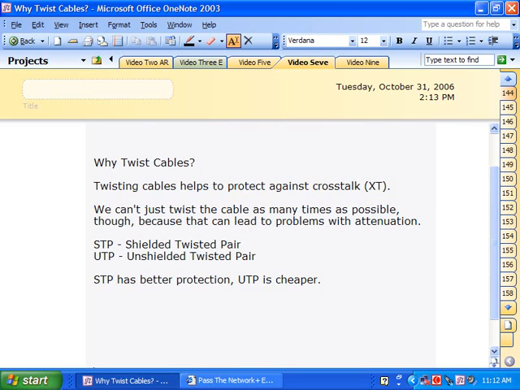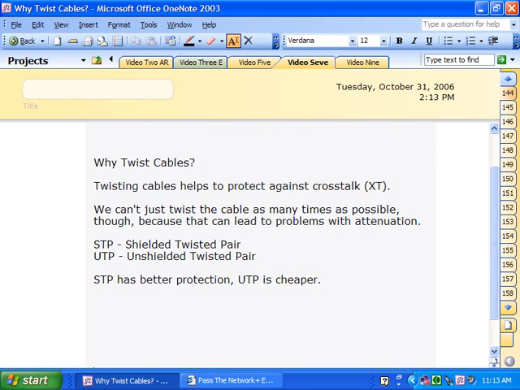Whether that's a data signal or a radio signal or a television signal, the signal is very strong when it leaves its origin, but as it goes farther and farther, just like a radio station that you start losing when you drive your car out of town, the signal gets weaker and weaker until it becomes unusable. So, as with so many things in networking, it's a very delicate balance. We want to have as many twists as possible to protect our signals from crosstalk, but at the same time, we don't want to make the wires too long due to those twists. So that's an individual decision when it comes to how many twists you want in your cable.